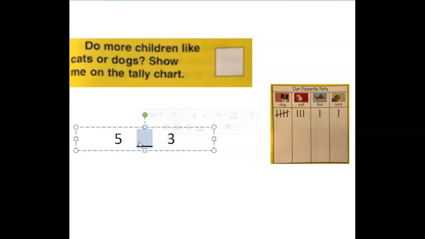So for that, you're going to want to get your alligator mouth ready. So the alligator mouth is open to the 5. So 5, let's reread this. 5 is greater than 3.